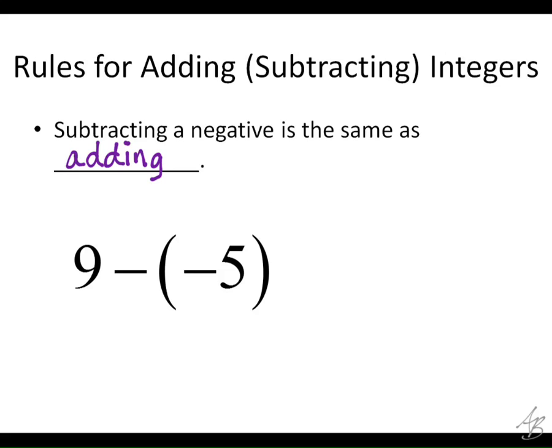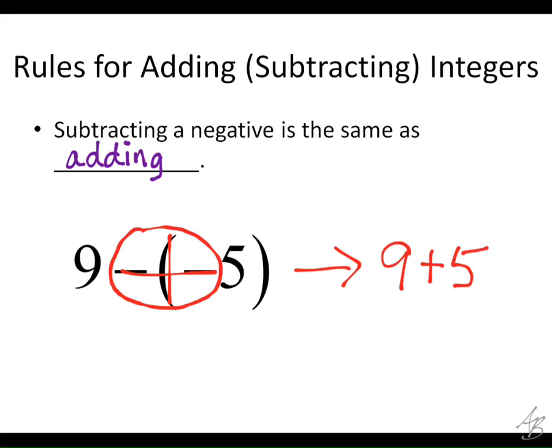You can do it however you want, but I like to just circle both of the negatives and make it a plus sign. So that's the same thing as 9 plus 5, which is 14. So 9 minus negative 5 is 14.